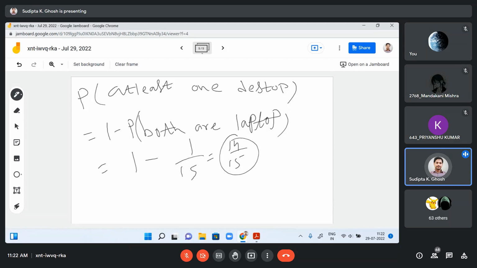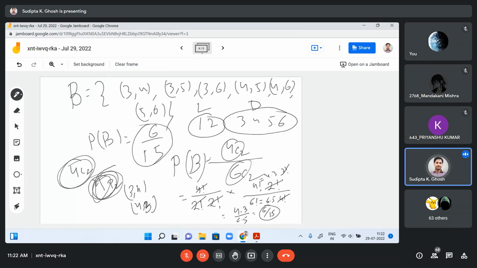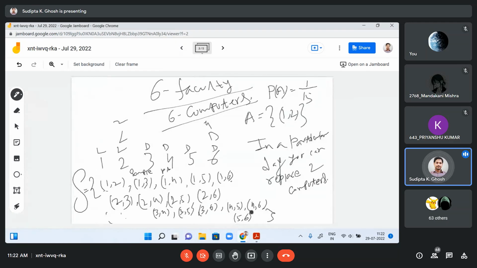You can also proceed in this way. Like at least one desktop, you have to write 1, 2, 1, 3, 1, 4 and so on, considering in that event space all the points except this point. But you observe, you also get the same number, 14 by 15.